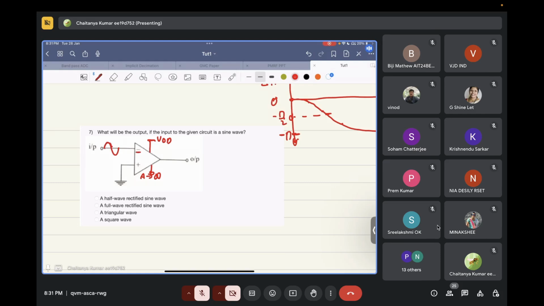when the input to the negative terminal is positive, the output will try to go to minus infinity, but since the power supply is limiting it to ground, it will settle to ground. When the output should be a negative value, the output will go and settle to VDD, and this will keep on happening as you have this sine wave.